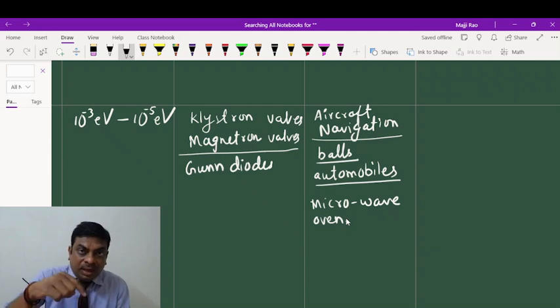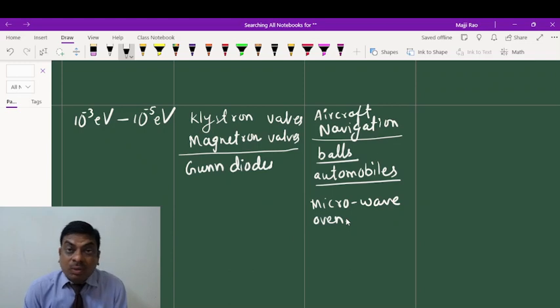Microwaves have a special property: the energy of the microwave quantum is of the order of the kinetic energy due to rotation or vibration of water molecules, somewhere around 3 gigahertz. The frequency of the water molecules is 3 gigahertz.